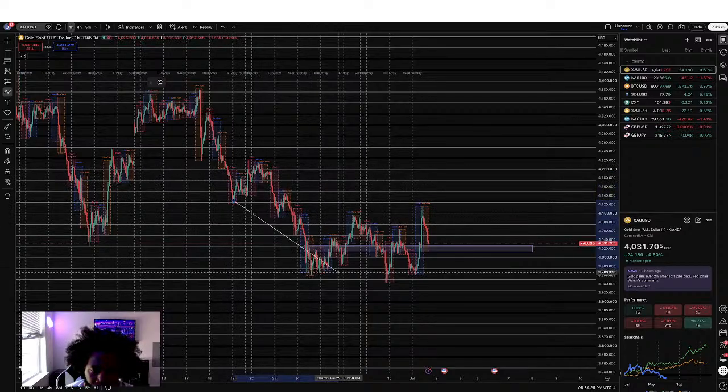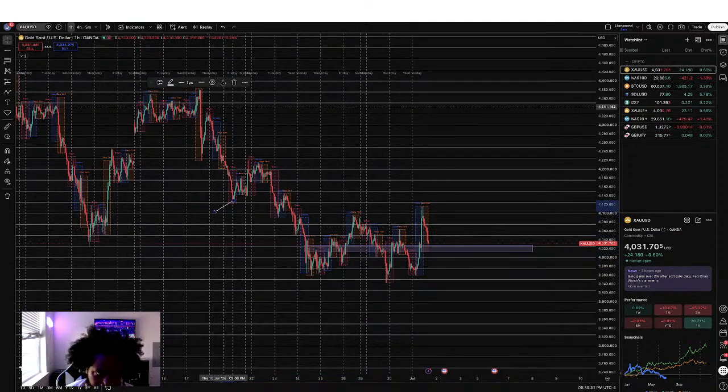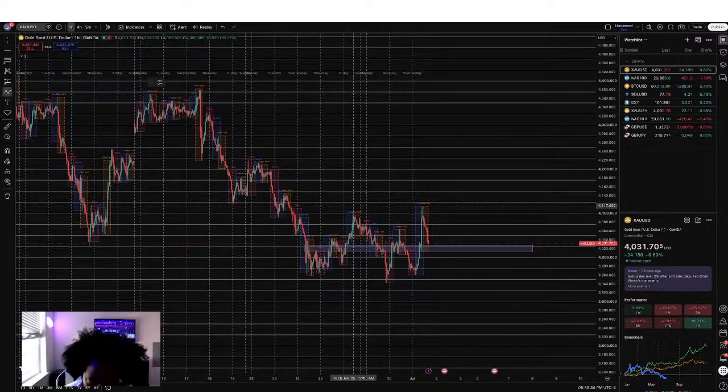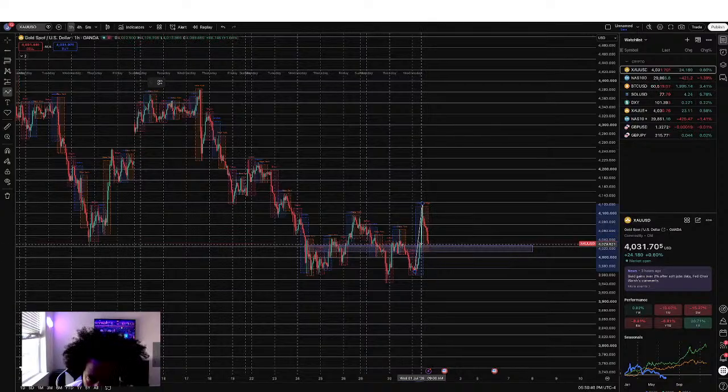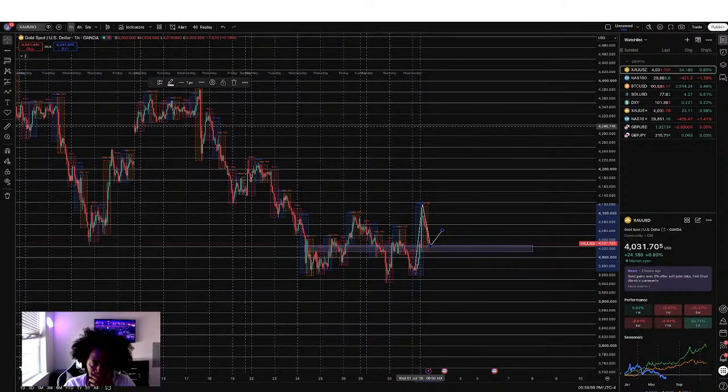I want to really see if gold is going to start creating some type of demand. We do have a demand right here. We have a level right here, 40.25. So maybe we try to reject this area and start heading back up, or it's going to keep going down. For gold, I'm a little bit iffy in the middle.